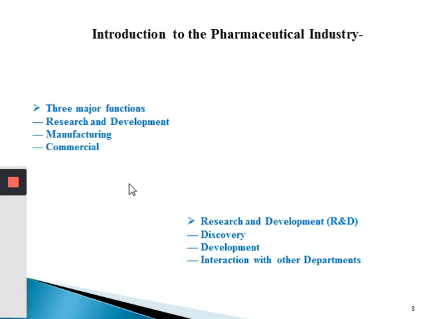First is discovery, meaning R&D has to discover something, a new product we can say. Then development of this product, and the last one is interaction with other departments. Once a product is formed, they have to interact with other departments, maybe the analytical department for QC we can say.